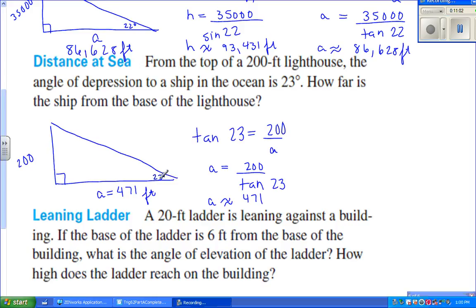So again, that's tangent because we have opposite and we're trying to figure out adjacent. So tangent of 23 equals 200 over A. When you multiply by A and divide by tangent of 23, you end up with 200 divided by tangent of 23, which is approximately 471 feet.